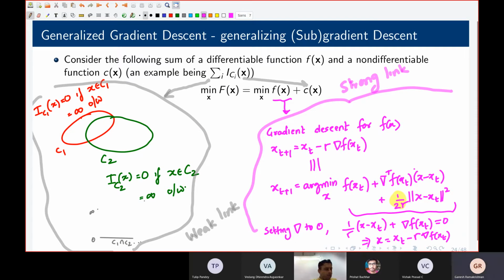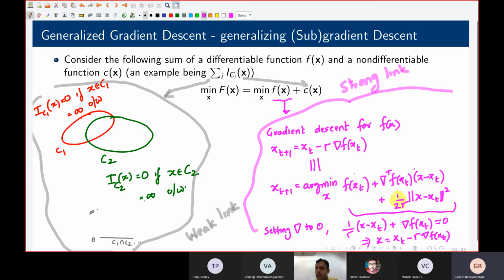So based on this observation, I'm going to prompt: could we have viewed this optimization differently? Instead of trying to do everything in one shot, can I now break it into parts? I'll ignore C(x). Look at what this is.